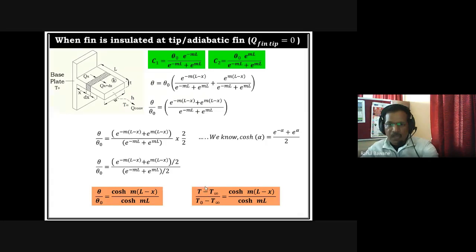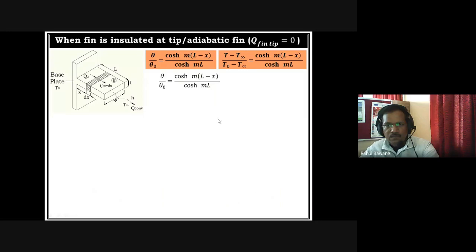Remember this relation whenever it is asked to find the value of temperature, suppose at x equals L, so we will replace x with L, and then we reach the final form when calculating the temperature at the tip.